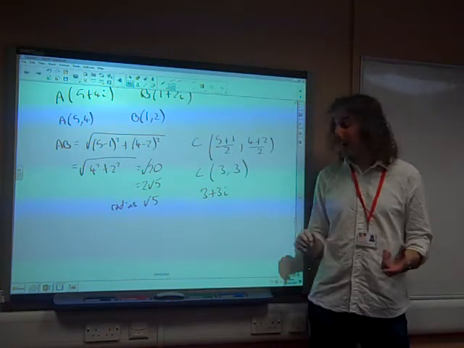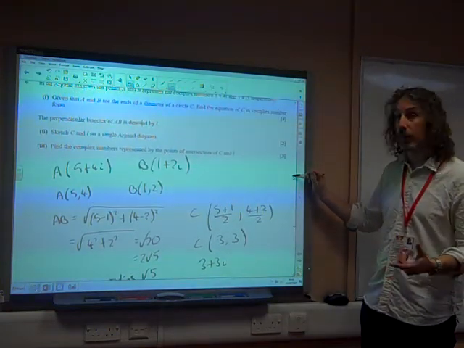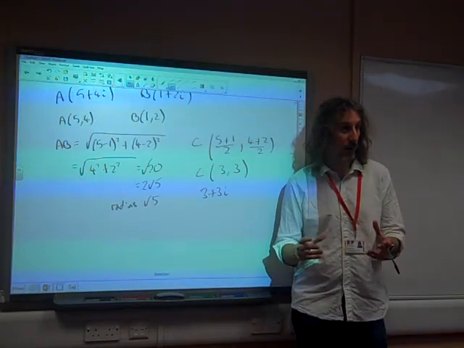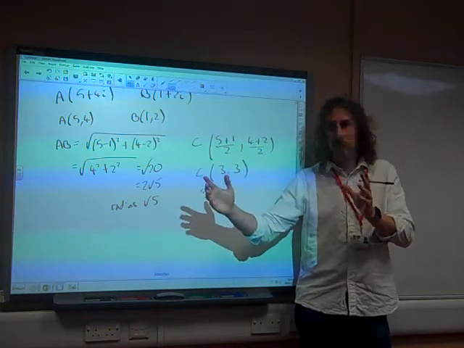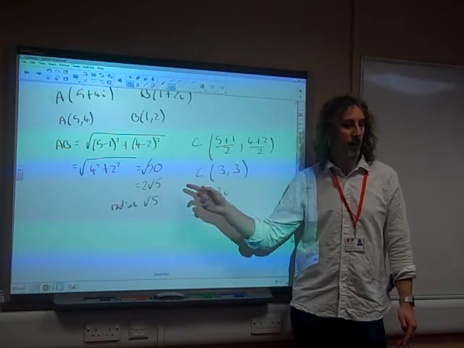Now, the question did say to give the equation of the circle in complex number form. Although in Core 1 at this point we'd write (x minus 3) squared plus (y minus 3) squared equals 20, in terms of this we don't do that.